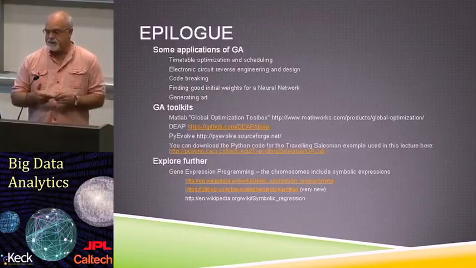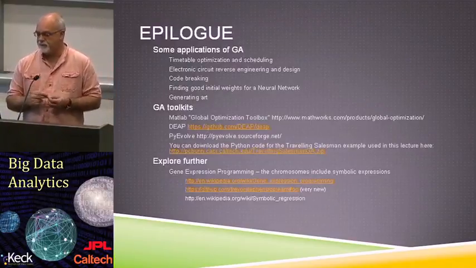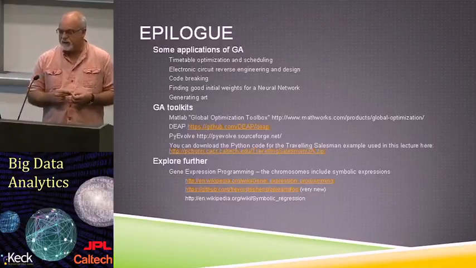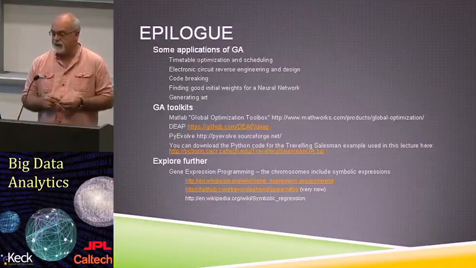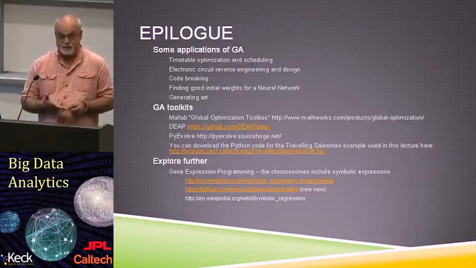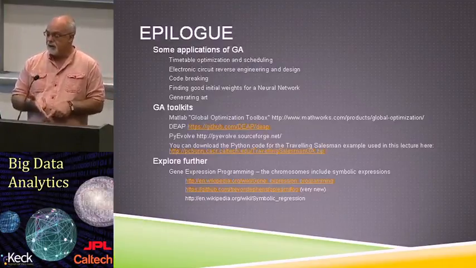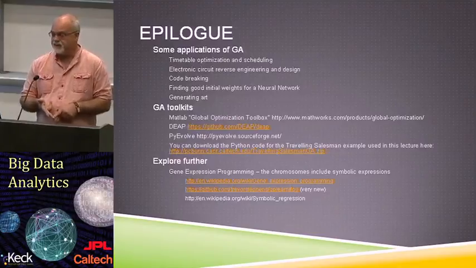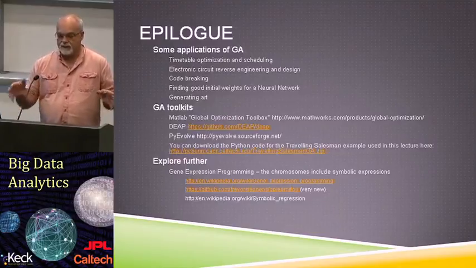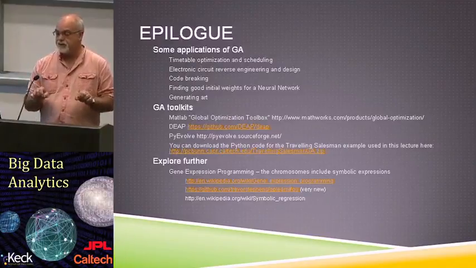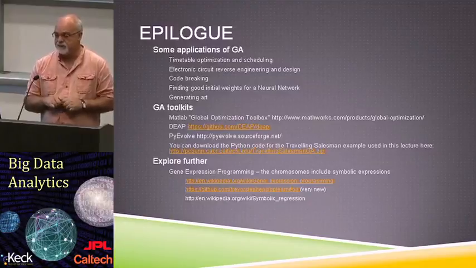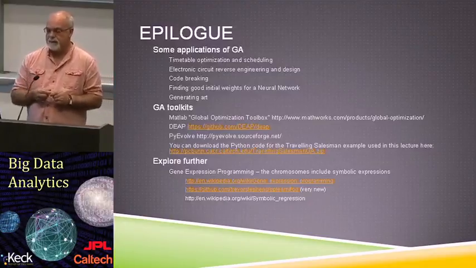So that finishes up genetic algorithms, this practical introduction. Some more famous applications of genetic algorithms are in timetable optimization and electronic circuit reverse engineering. This is where you have some measurements on an unknown circuit and you want to understand how the electric components are connected in the circuit and what types of components there are.